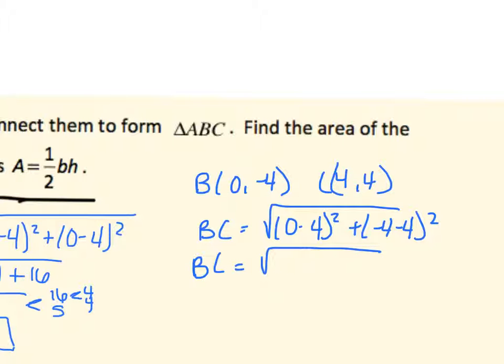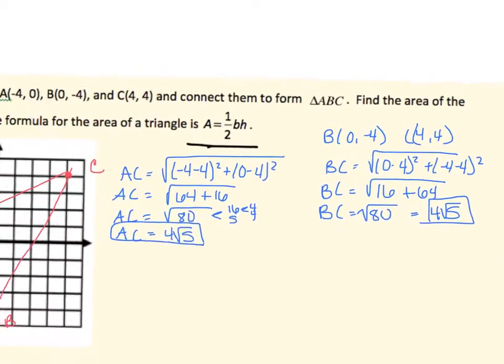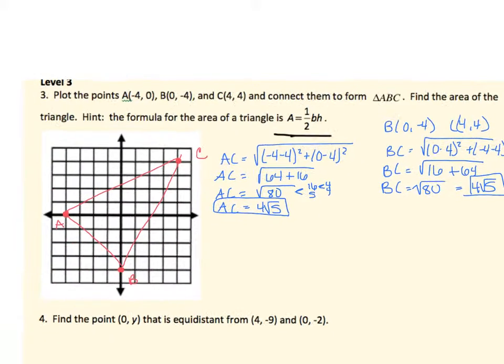This is -4 squared, which is 16, and -8 squared, which is 64 again. So BC is the square root of 80, which equals 4√5. From just doing those two distance formulas, I know that AC and BC are congruent, so I know at least that this is an isosceles triangle.